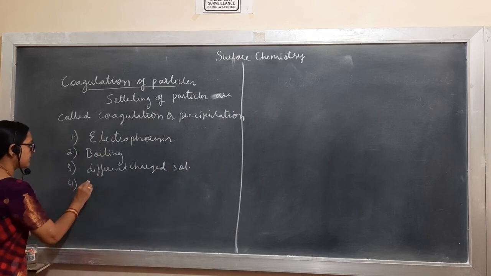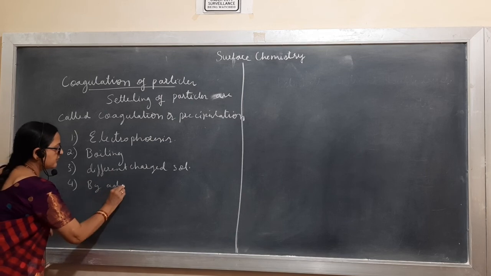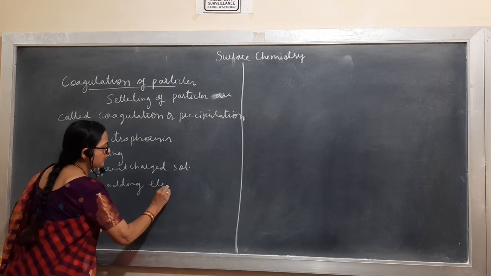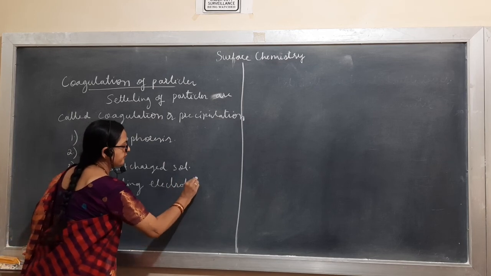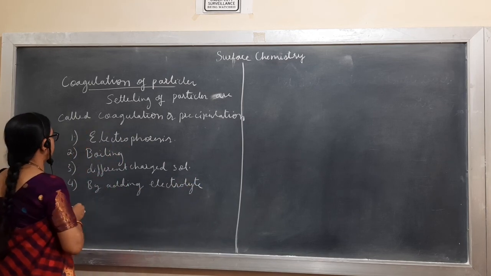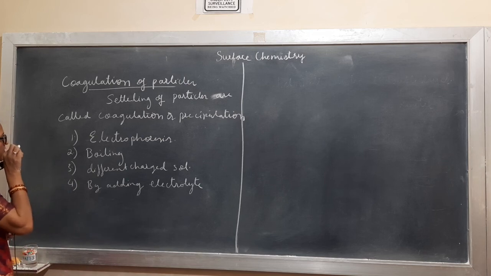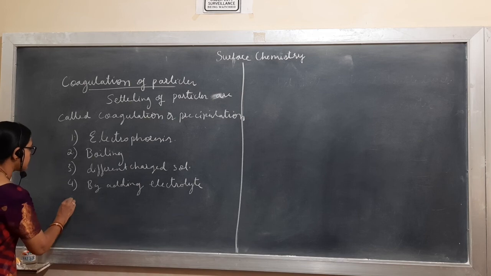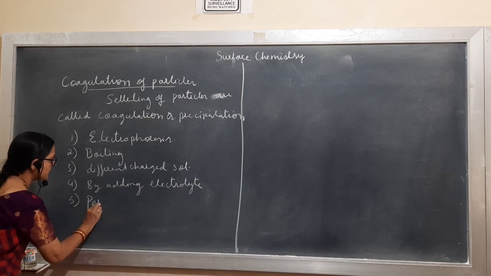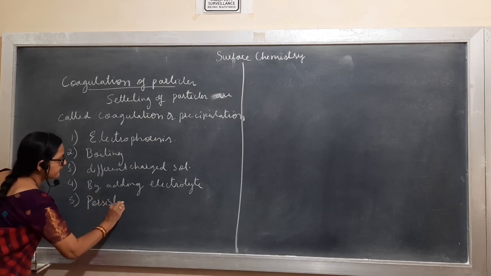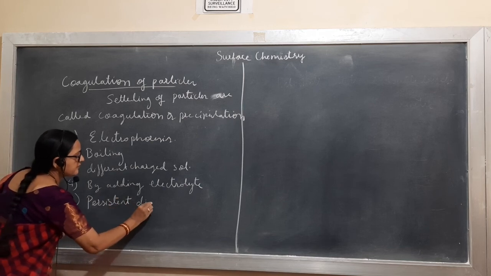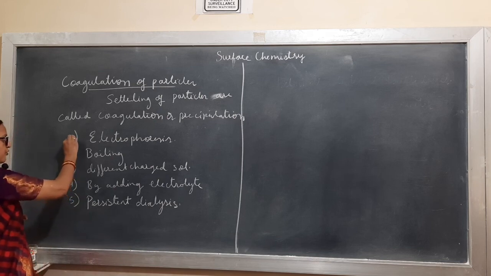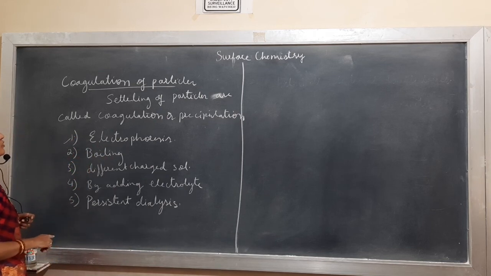It can also be done by adding a small amount of electrolyte. Also one more thing is called persistent dialysis. Let us study one by one. Electrophoresis we are going to study next, and then I will tell you how it works.